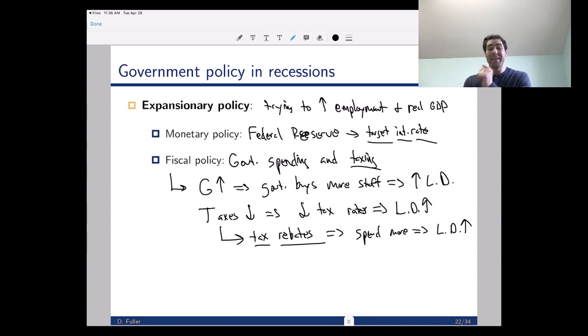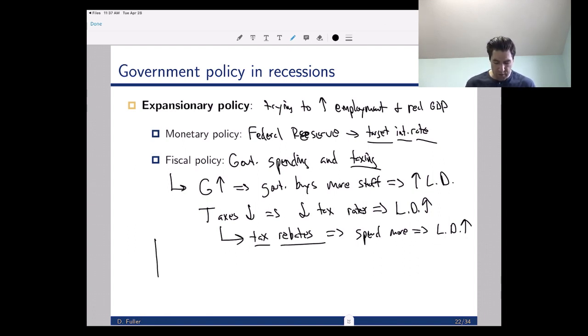And so I could decrease tax rates if I'm the government and hope to stimulate demand for labor, or I can just flat out give consumers and firms money, which is kind of what the government has done most recently in this coronavirus stimulus, was mostly loans and handouts or payments, tax rebates to consumers and firms. And the idea of that is to hopefully cause labor demand to shift back to the right, at least partially.